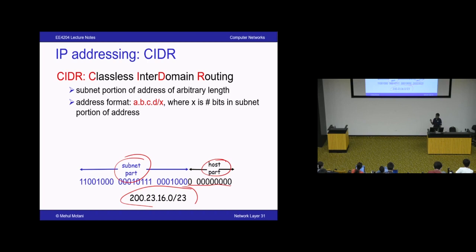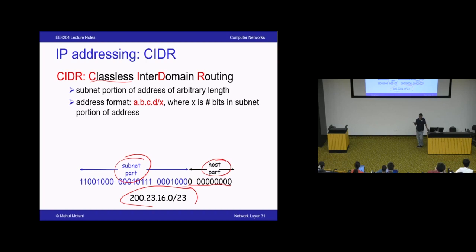Okay, so everybody good here? So the reason we talk about classless inter-domain routing is that in the early days of the internet, subnets could only be of size 8, 16, or 24. You had class A, B, C networks. Okay, and that was easier in the past because, well, computing hadn't advanced so much, right?